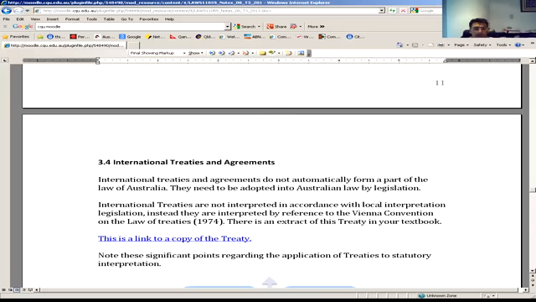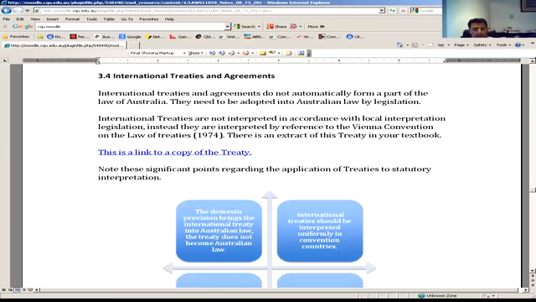International treaties and agreements, as I was saying earlier, a lot of legislation is based upon a specific convention or a treaty, and it's been passed to enact something which that treaty was seeking to do.